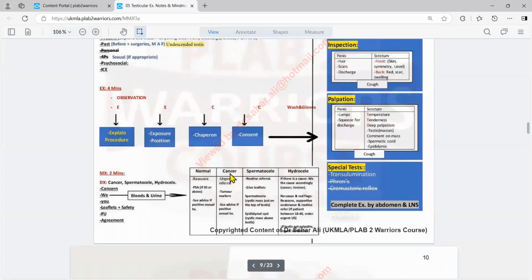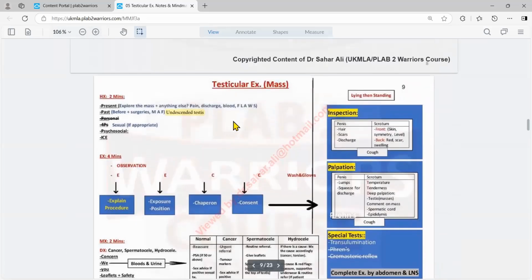Or cancer, or spermatocele or epididymal cyst, and lastly, hydrocele. Hydrocele is a very rare case, okay? But you never know. You might have it. So either normal, cancer, spermatocele or epididymal cyst, and hydrocele. These are the four main possibilities in testicular mass.